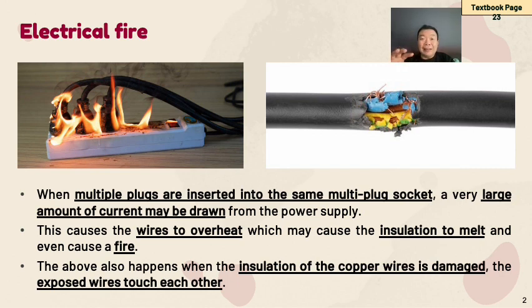You just add up all this current, it will amount to a super big amount of current, and that's when the heating effect of the current flowing in the wall outlet becomes very, very big, very, very hot. And when this happens, the wires within the wall outlet or within a multi-plug can't withstand this heat. It will start to burn, and that is what creates electrical fire.